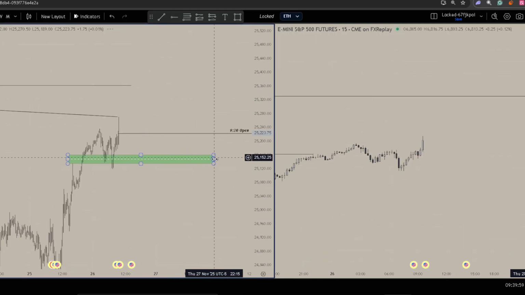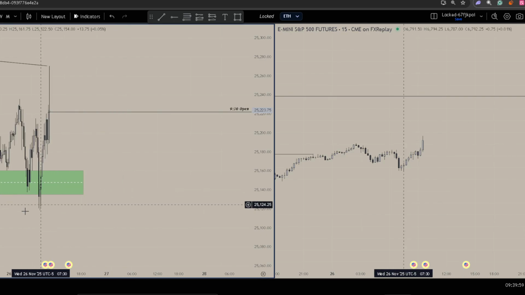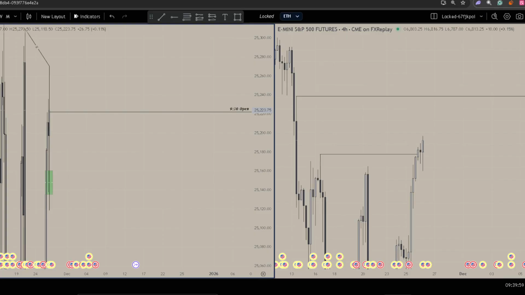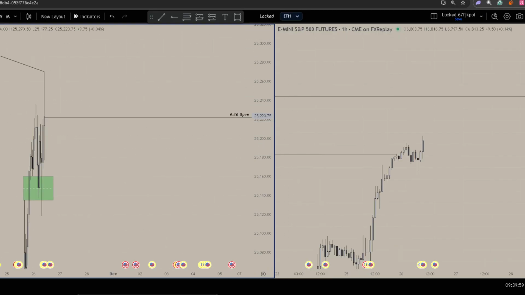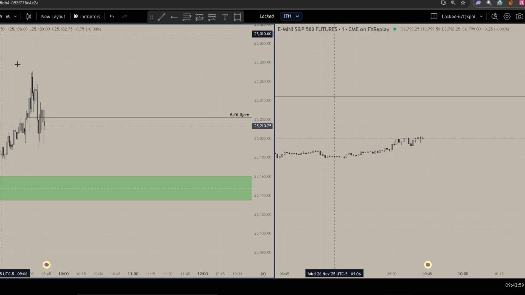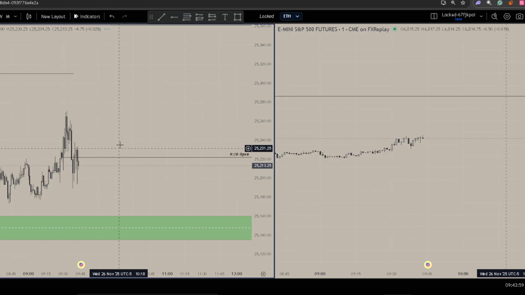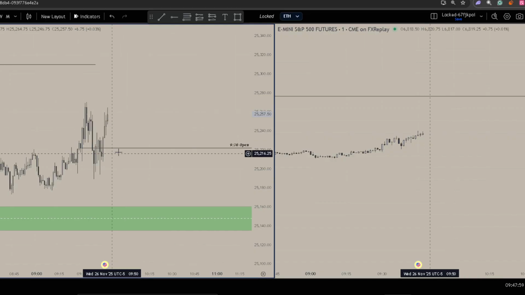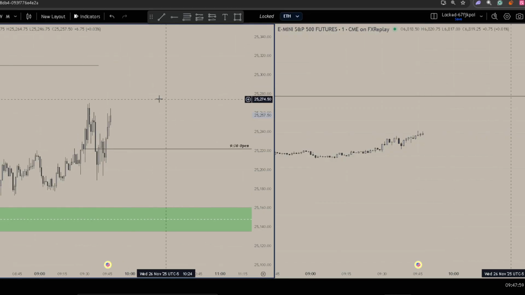So right now, I'm still bullish because we reacted off of this 4-hour, 1-hour BISI. So until price shows me otherwise, it's still bullish. Still bullish, but price is just overly choppy right now.